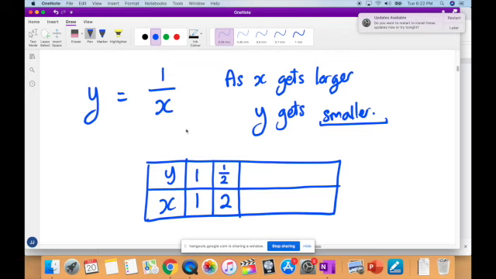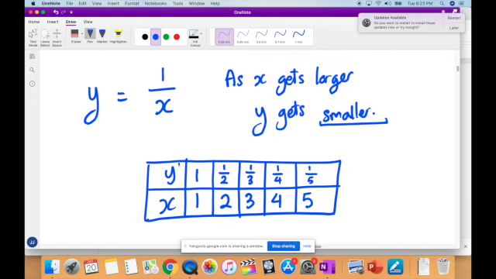So when x is 3, what is y going to be? And when x is 4, what is y going to be? And when x is 5, what is y going to be?